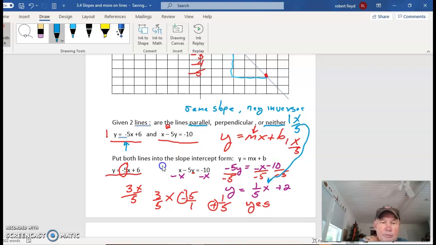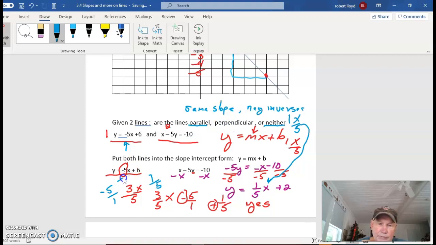So let's check the slopes. This is a slope of negative 5 over 1. This is a slope of a positive 1 over 5. Are they the same slopes? No. So they're not parallel. Are they perpendicular?